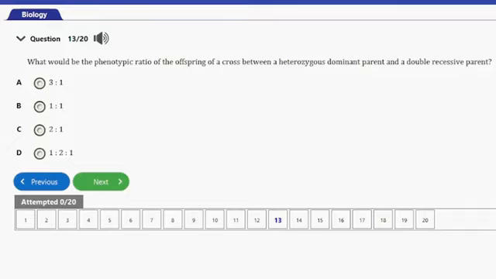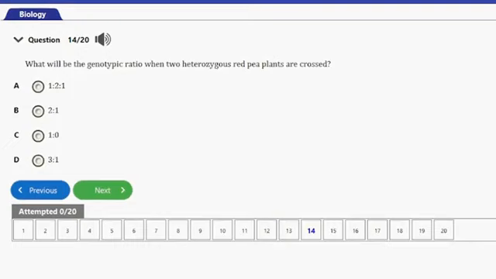Then the next small h linking with the first small h, that's a homozygous recessive hh. And then the small h linking with the second h again, and that's the homozygous recessive hh. So we'll definitely have the ratio 1:1, and that's it for that question. Let's go ahead and consider the next question.